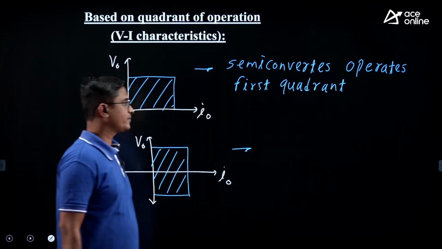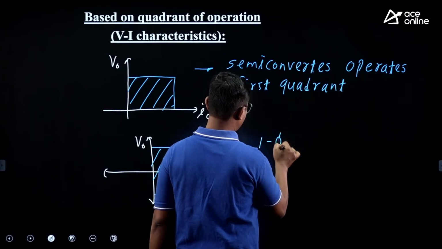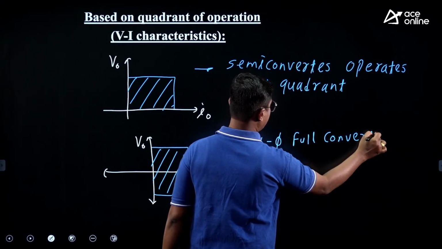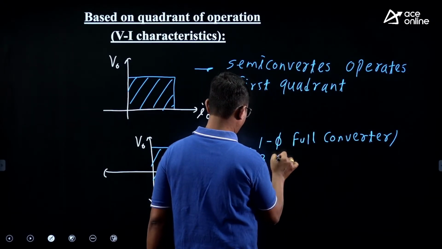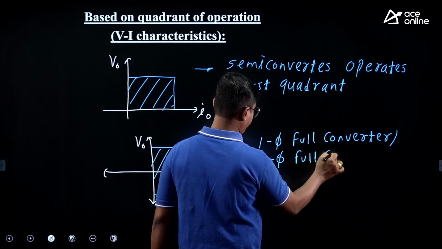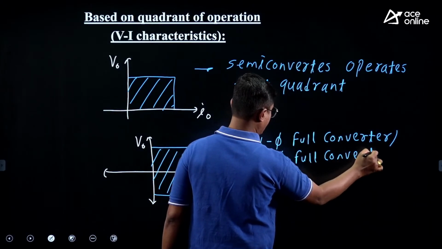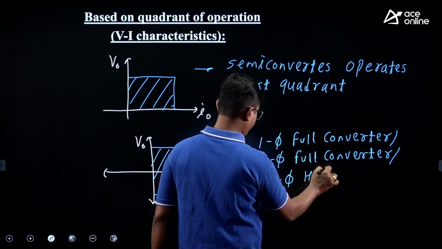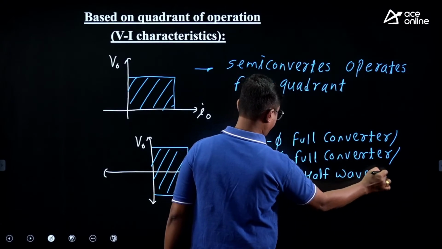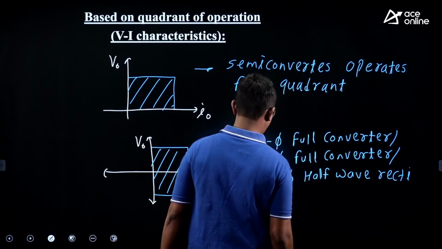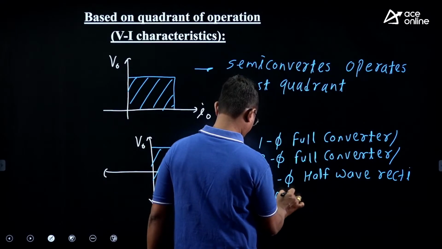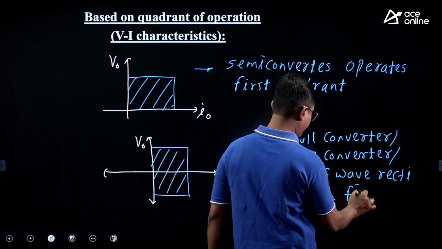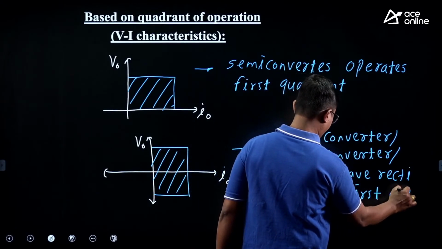Your full converters: single phase full converter, three phase full converter, and three phase half wave rectifier operate in first and fourth quadrant.